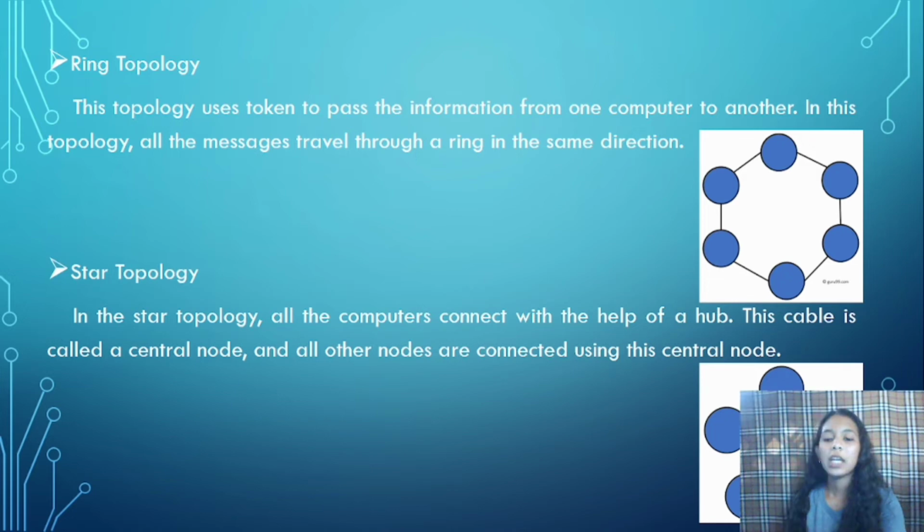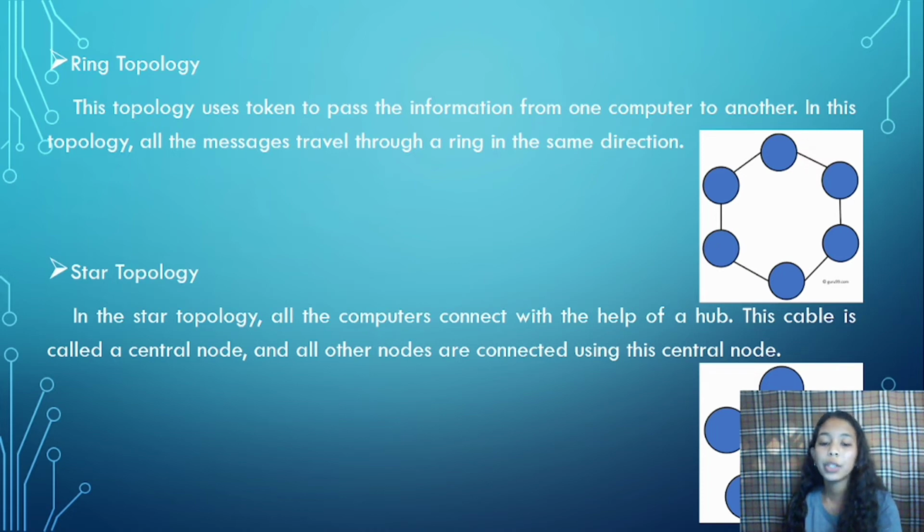The advantage of this topology is that it is easy to install and reconfigure. Adding or deleting a device in a ring topology needs you to move only two connections, since it is connected in a ring form.